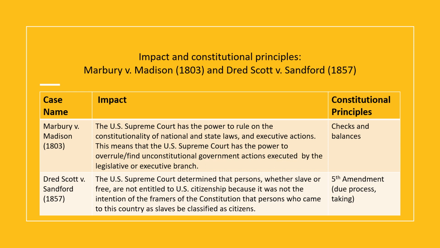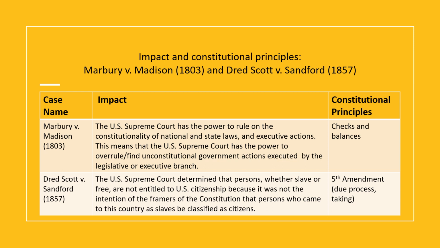In this particular case, Dred Scott was seeking his freedom, and consequently, it was a Fifth Amendment case in two different ways. One, how could the government take property from a private individual? Slaves were property at the time. How could the government take property from an individual? That would be a due process issue.